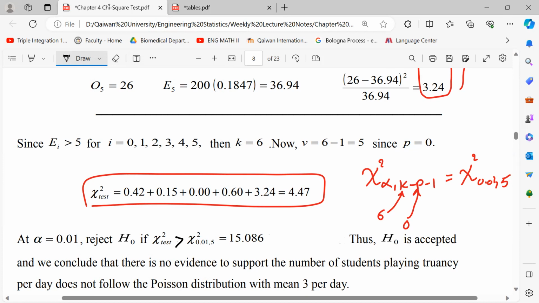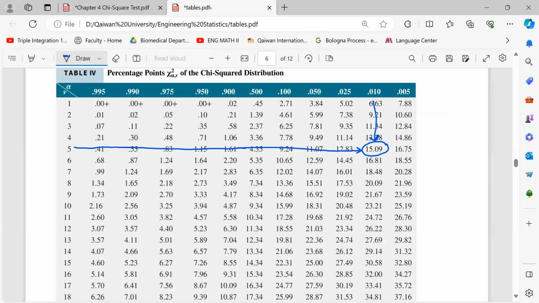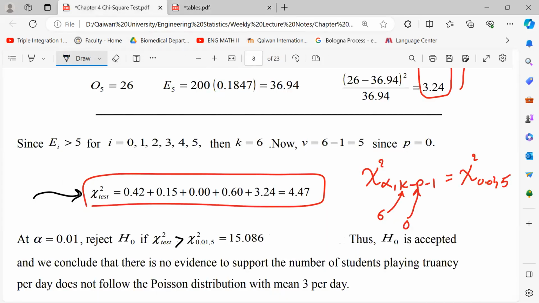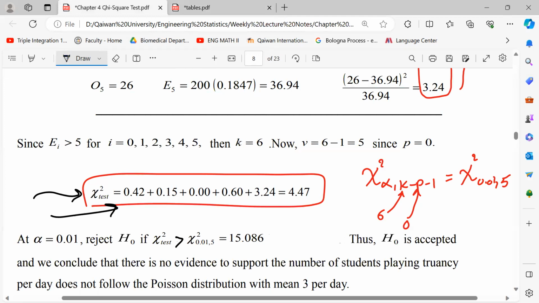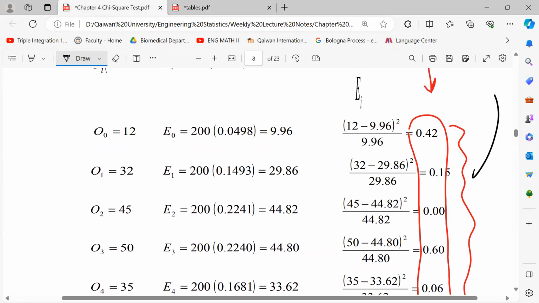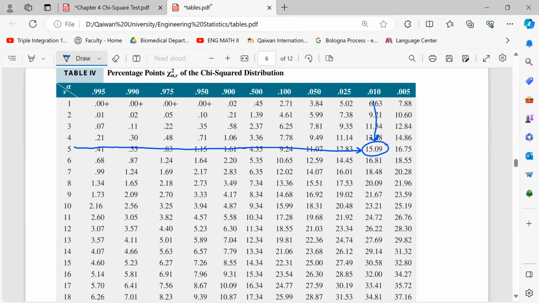Now we found them both: the chi-square test that we created, and chi-squared from the given table. We compare them.